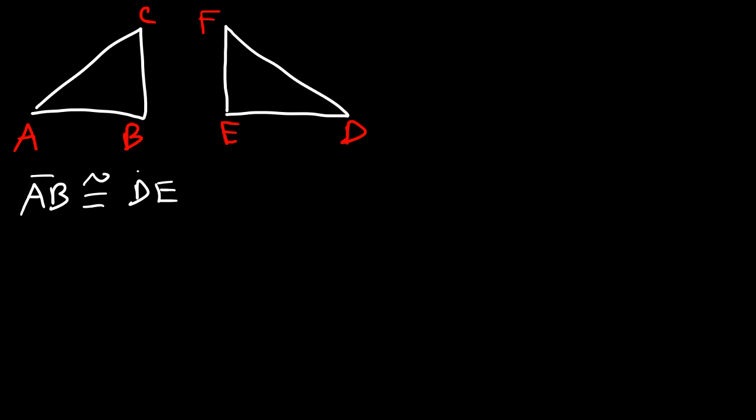So consider these two triangles. Let's call the first one triangle ABC and the second one triangle DEF. Now you're given that AB is congruent to DE, and also BC is congruent to EF, and that CA is congruent to FD.